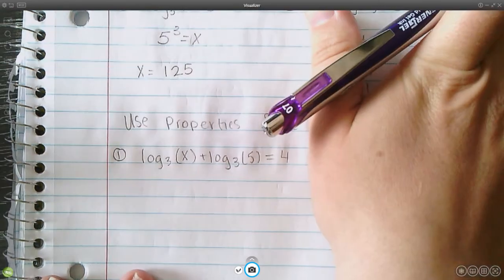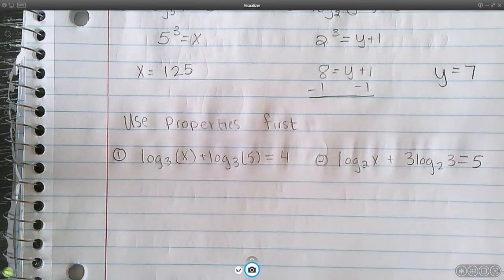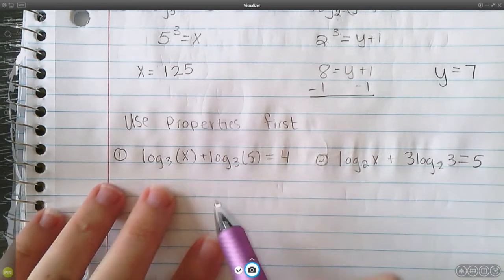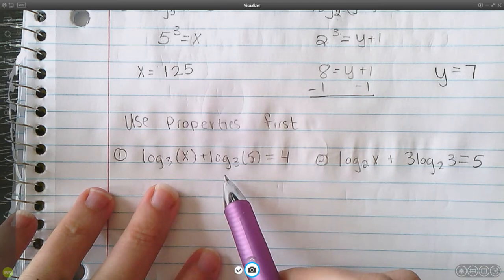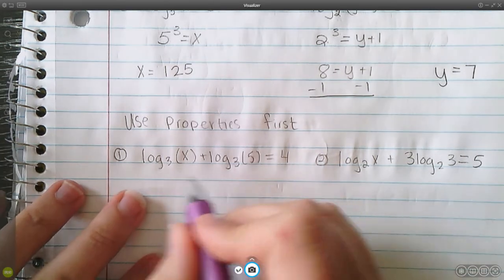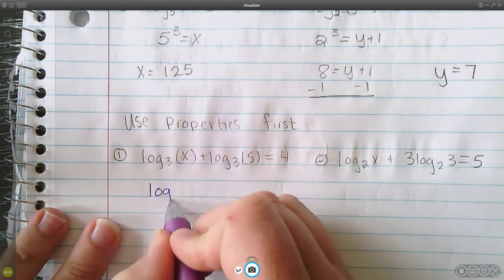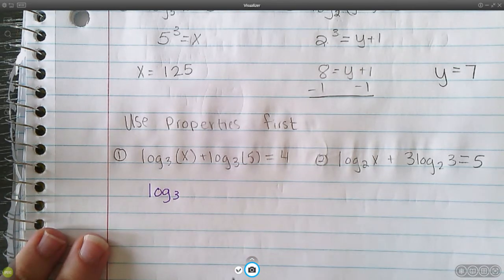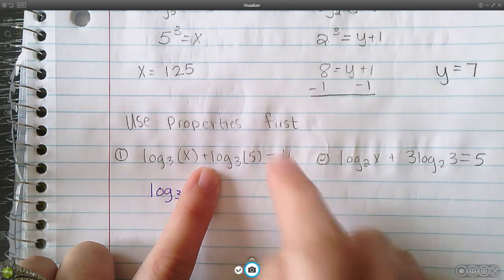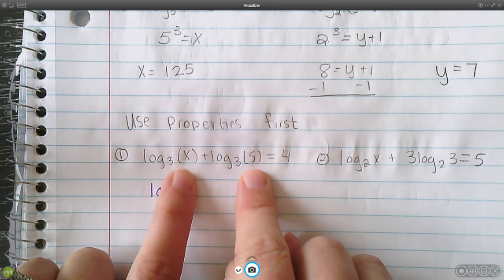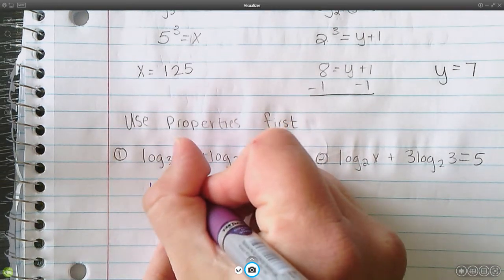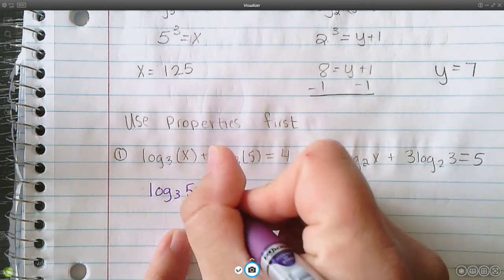Before you can solve, everything has to be in a single logarithm. This has 2 logarithms, so we need to condense it down to 1. They both have log base 3, so we can write log base 3. If this is addition, this is multiplication, so x times 5 is really 5x, equals 4.